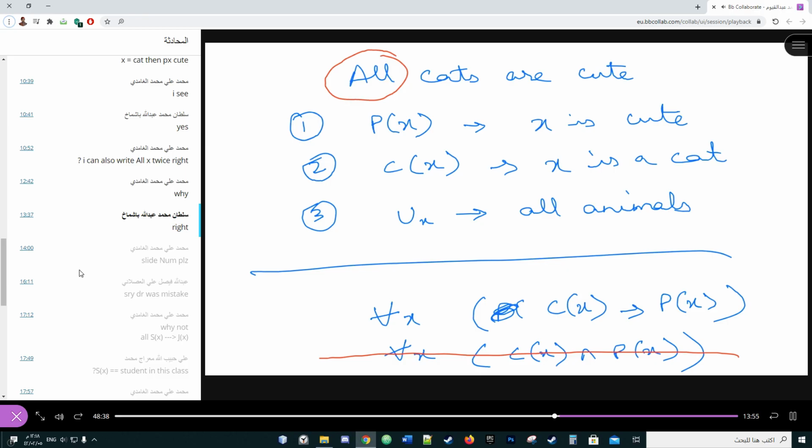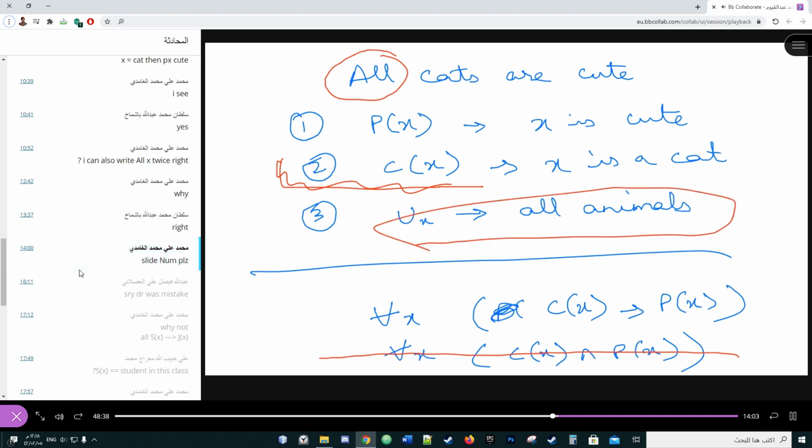And this is only when the domain is animals. If the domain is only cats, then all we need is P(x). If the domain is cats, this is enough.